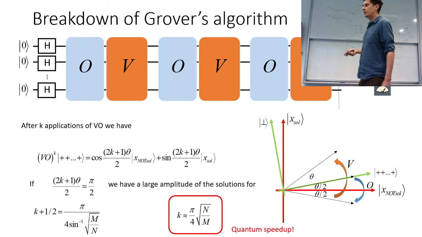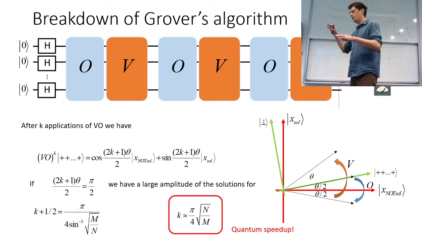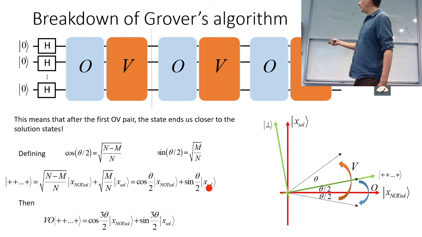This is what I was saying at the end of Danny's talk: maybe the reason it doesn't get exactly to 100% is because these steps are discrete. This theta is whatever you work out according to here, so you just work out that angle.